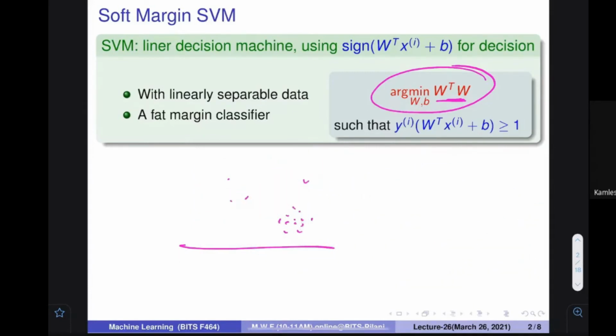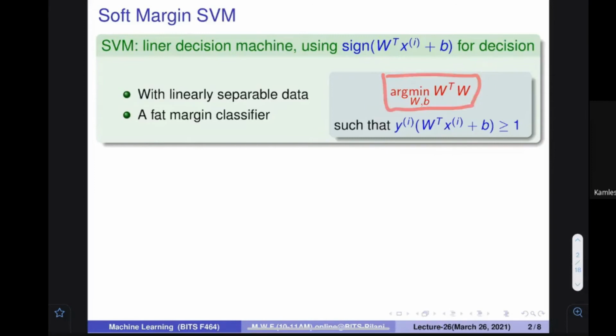Everybody understand this? So this is the theory about the SVM, that along with the minimization of the W, we also want all the points to be correctly classified.